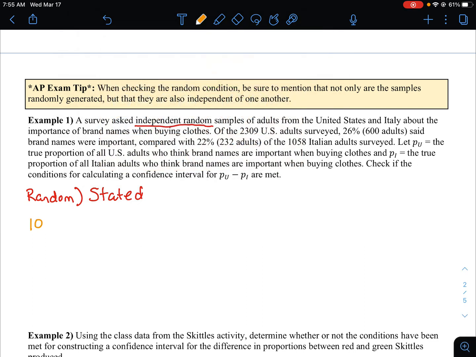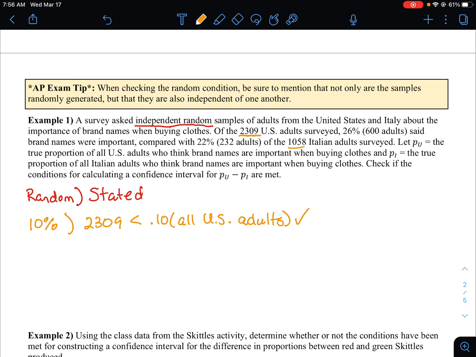Okay, as far as the 10% condition goes, we want to make sure that our sample size of population 1, 2309, is less than 10% of all U.S. adults. That's definitely true. There are more than 23,000 U.S. adults.